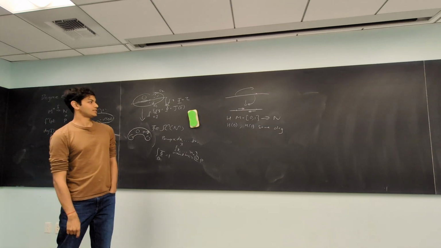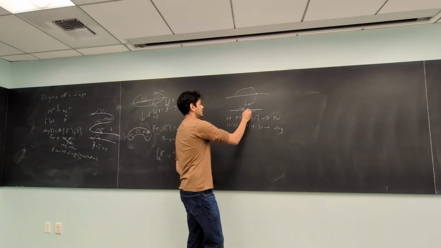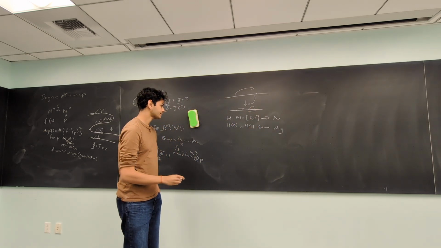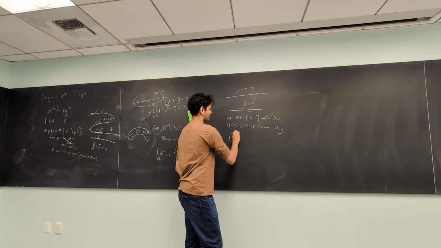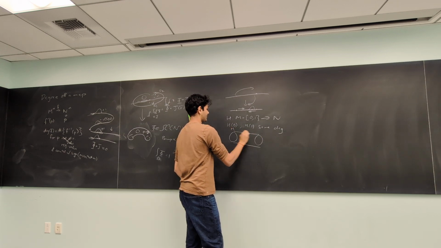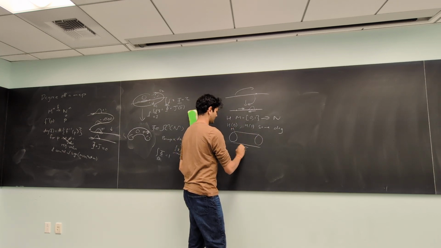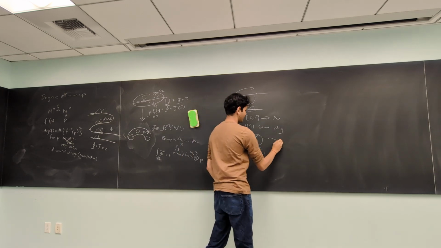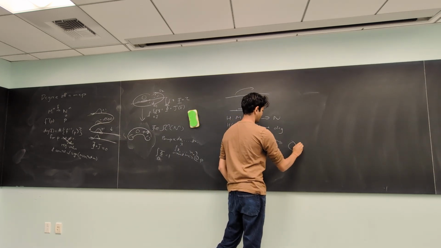You can consider a form, like we had earlier, located at a single point. Consider this schematic picture, where this is M, and this is the interval I, so this is 0 and 1. Then we're mapping this down to this manifold N.